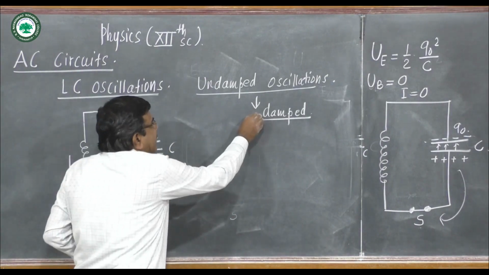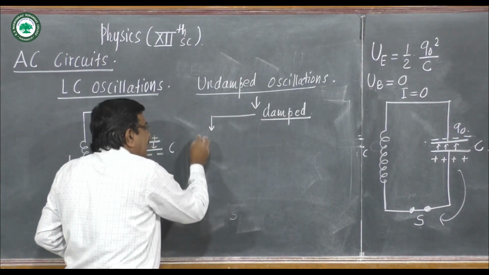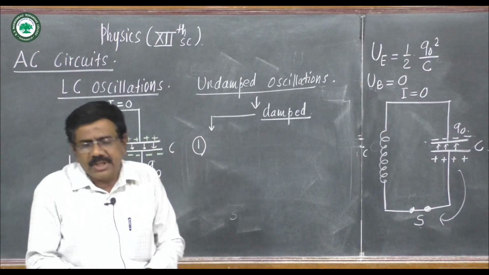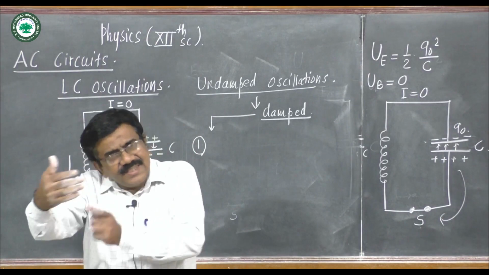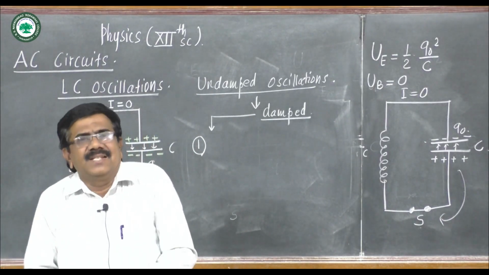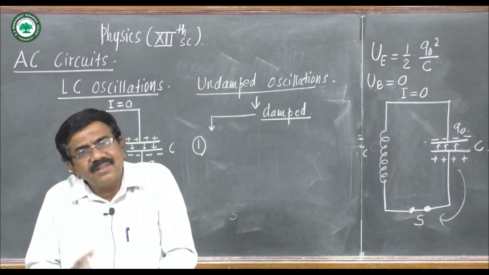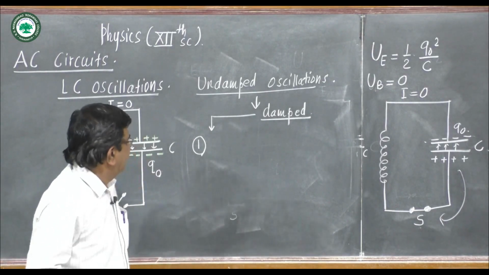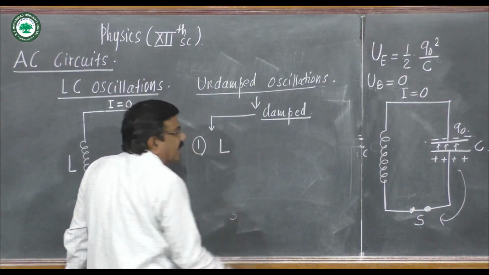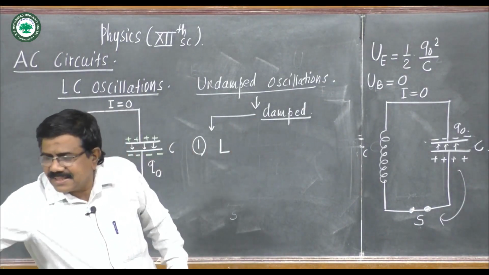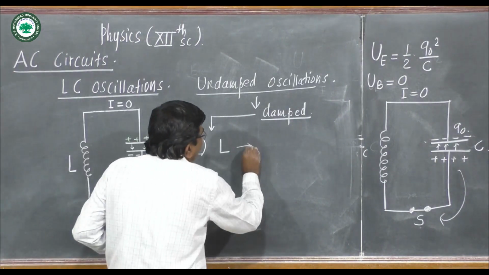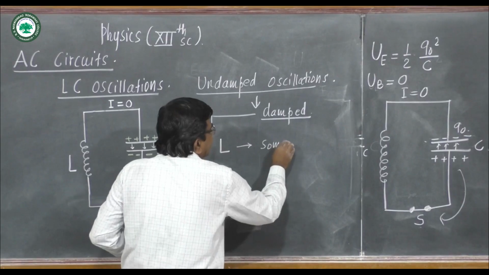There are some reasons for damped oscillations in LC oscillation. The oscillations are damped because we considered that the inductor has zero resistance, but practically every inductor, that is L, has some value of resistance, not zero.